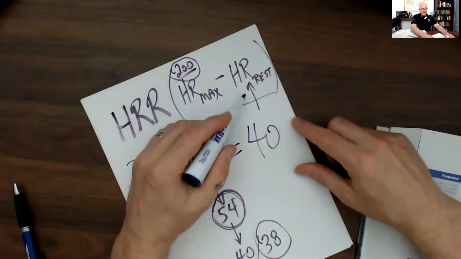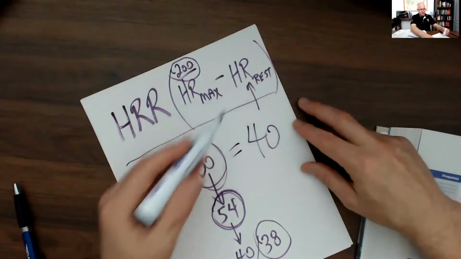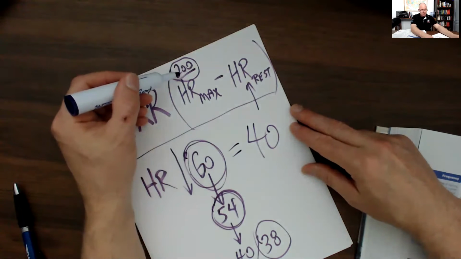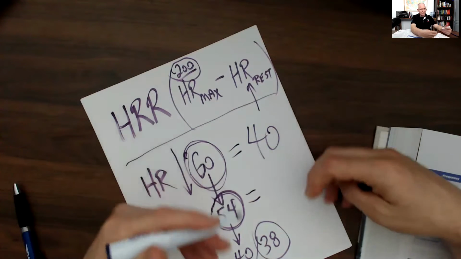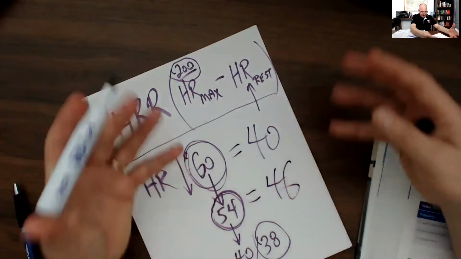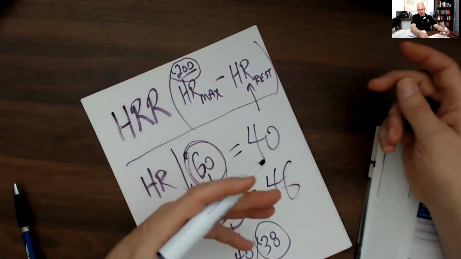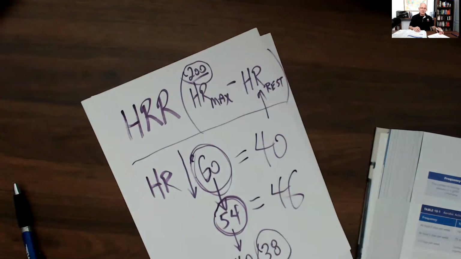However, a trained individual, very strong cardiorespiratory wise, let's say at 54, again, same age, 200 minus 54 will give us a higher number. So the more fit an individual, the higher the heart rate reserve, and that's where now we're able to use the Karvonen method to calculate our target heart rate.